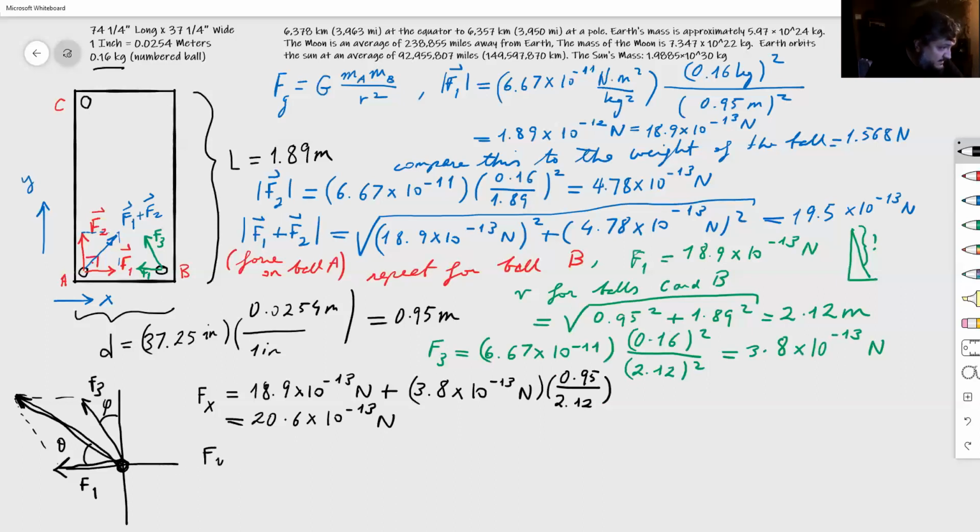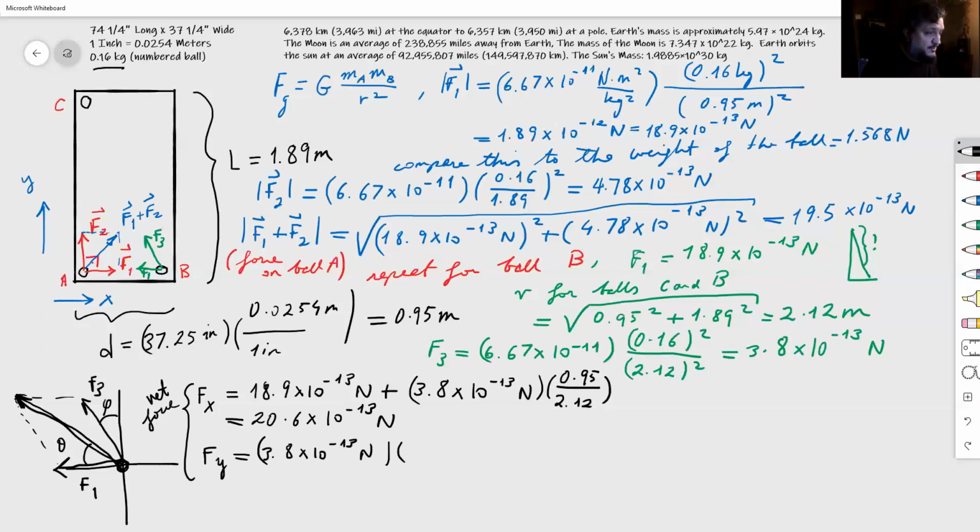F is the sum of F1 and F3. The net force, ignoring the weight, of course. Fy will be F3 times cosine phi. So 3.8 times 10 to the negative 13 newtons.